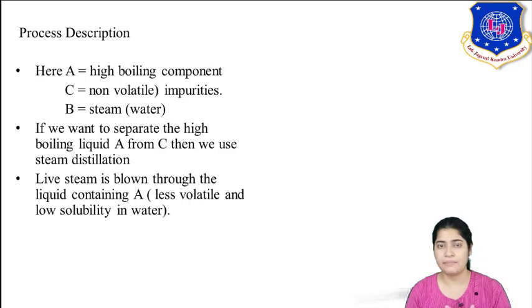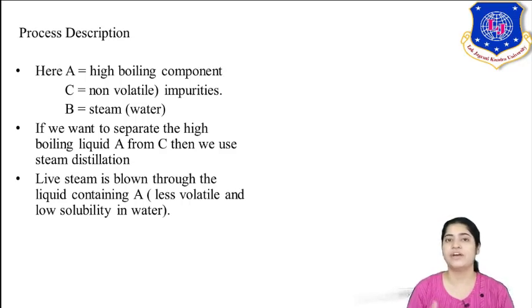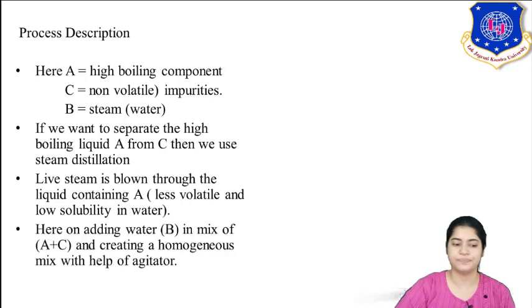Another parameter is that it is used for a system in which you have to separate out your high boiling component, which is less volatile and is in a mixture with a non-volatile impurity. C is the non-volatile impurity which does not vaporize, and A should compulsorily not be soluble in water.